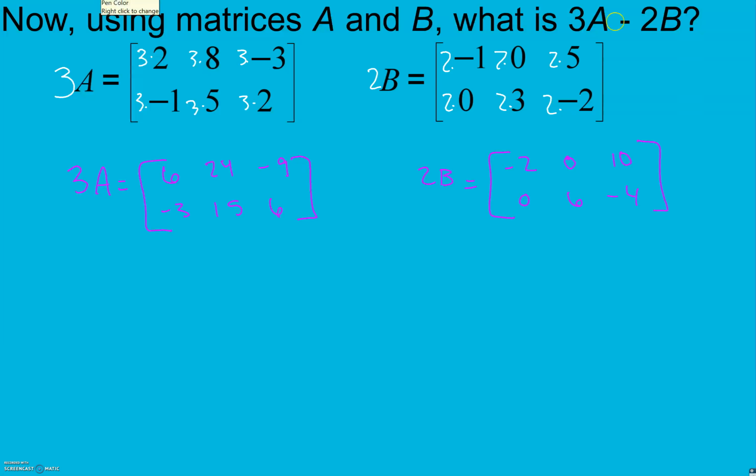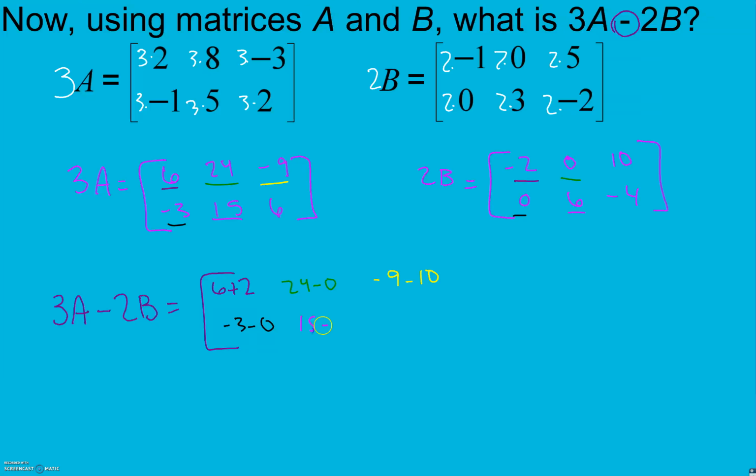I need to subtract these. So 3 times matrix A minus 2 times matrix B. I take corresponding elements and subtract. 6 minus negative 2, 24 minus 0, negative 9 minus 10, negative 3 minus 0, 15 minus 6, and 6 minus negative 4.